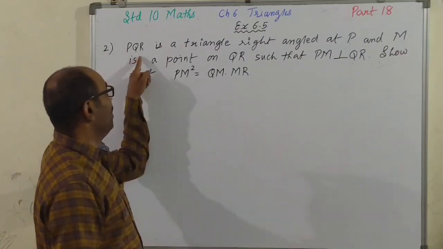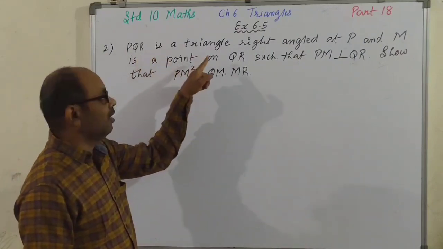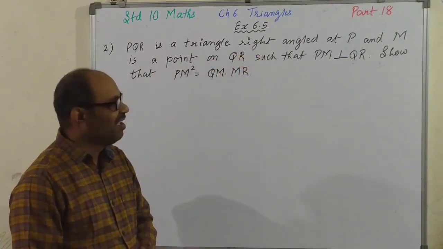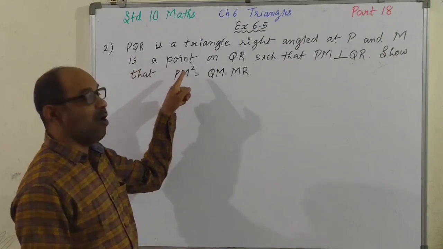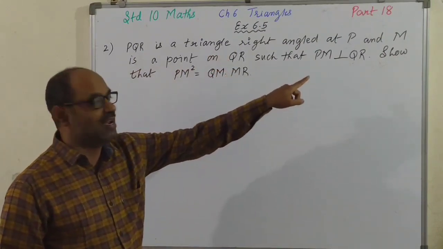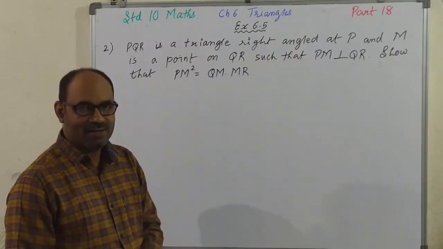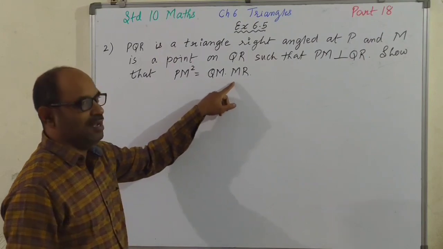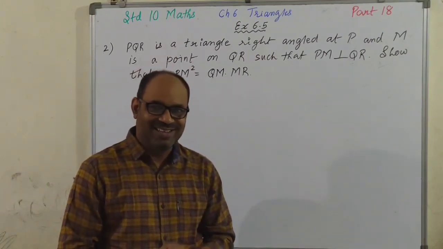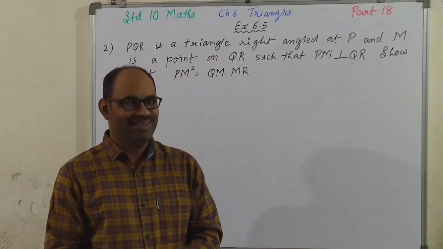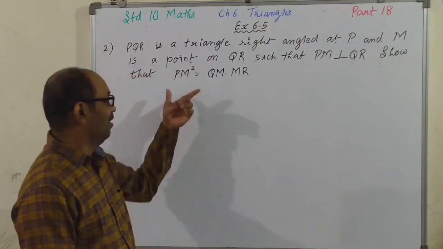PQR is a triangle right angled at P, and M is a point on QR such that PM is perpendicular to QR. Show that PM square is equal to QM into MR. Children, this result I've already done in the previous session.